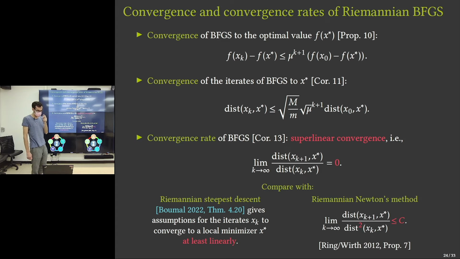They establish convergence of the iterates of BFGS to x star, starting from the initial iterate x0. Then m, capital M, and mu are constants.